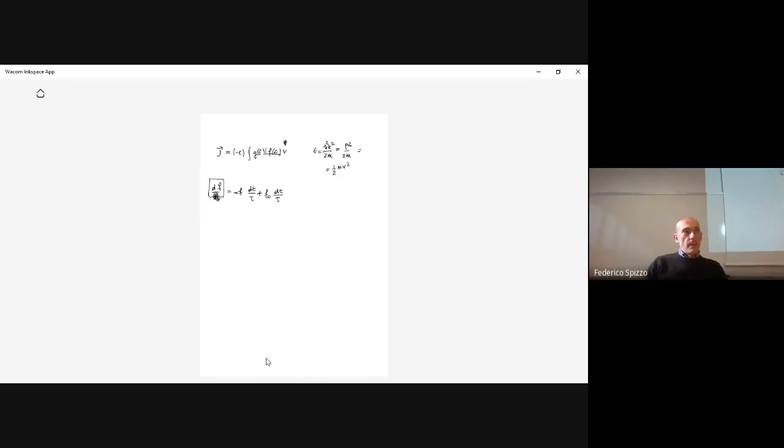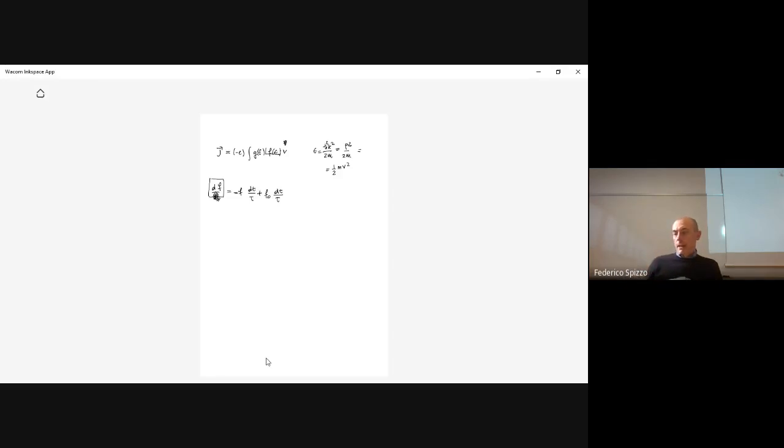Quindi questo è un bilancio fra quello che perdo a causa delle collisioni nel punto che sto considerando e quello che guadagno perché da qualche parte c'è stata una collisione e io mi trovo degli elettroni nuovi che prima non avevo. Questi elettroni nuovi, che in linea di principio non saprei come descrivere dal punto di vista della distribuzione, li descrivo con la distribuzione di equilibrio perché l'urto cancella ogni pregresso.